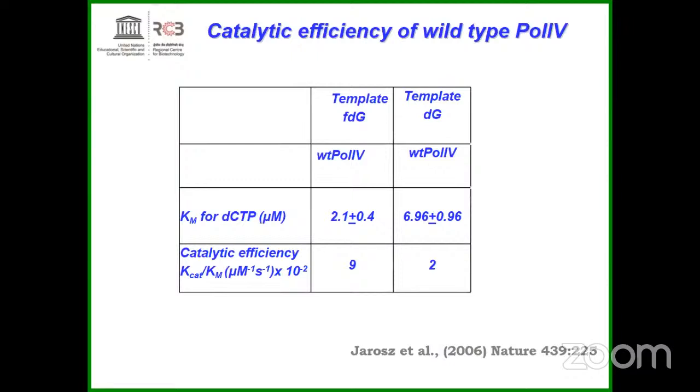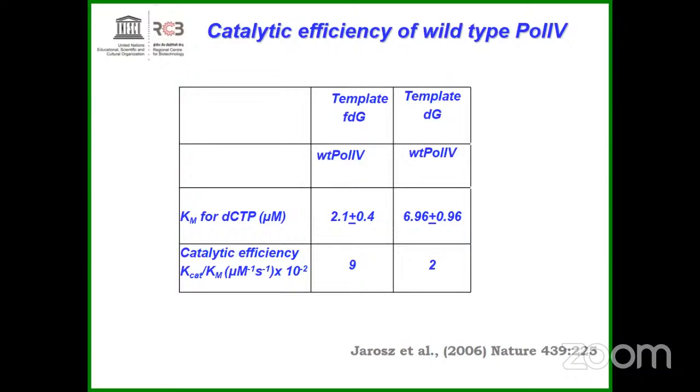The surprising thing that he showed in this paper, and we also saw subsequently, is that the catalytic efficiency for incorporation of dCTP opposite dG is lower than that for incorporation of dCTP opposite this furfuryl adduct.